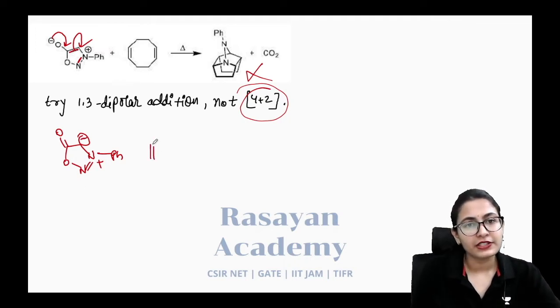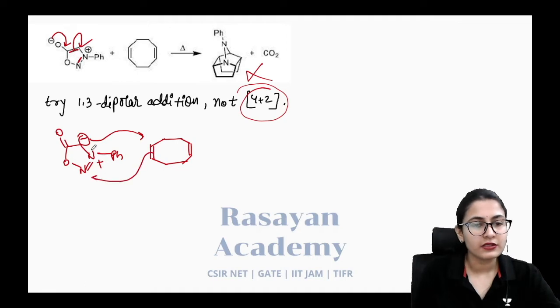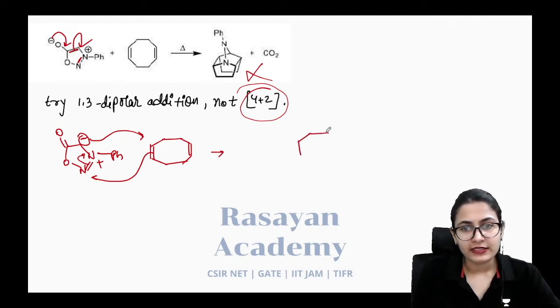Now you do the addition to the cyclooctadiene. Yes, now you are doing the 1,3-dipolar addition to this single alkene. You are going to get something like this, and in this question, even if I'm telling you the answer, you have to visualize a lot.